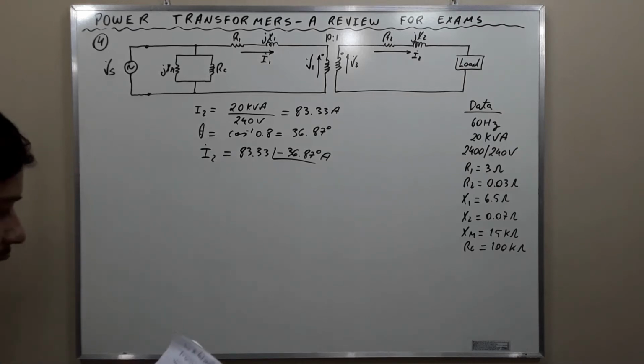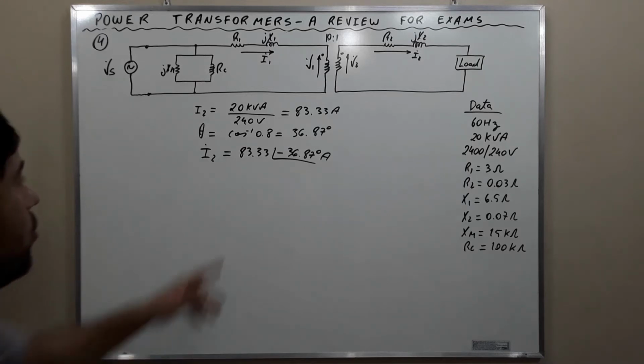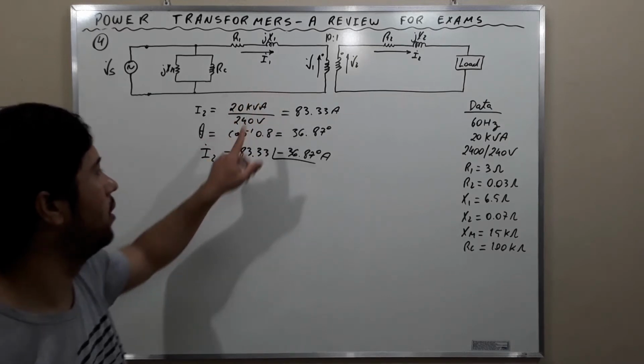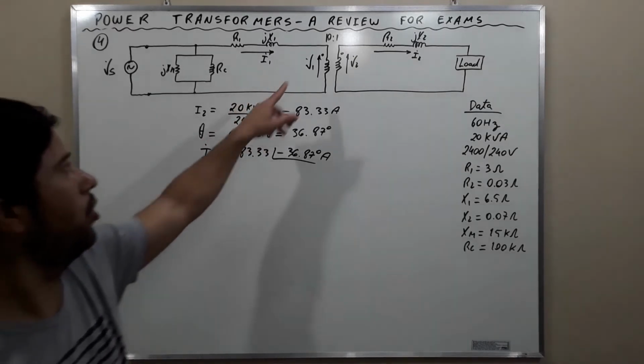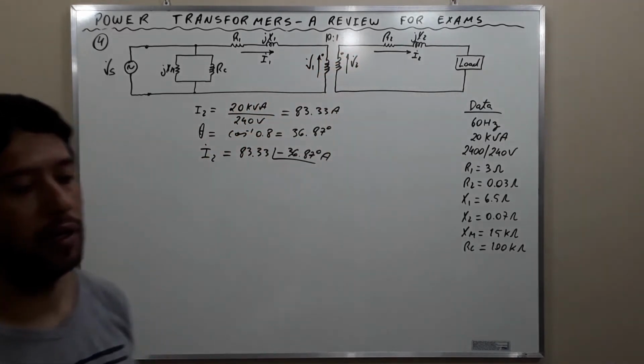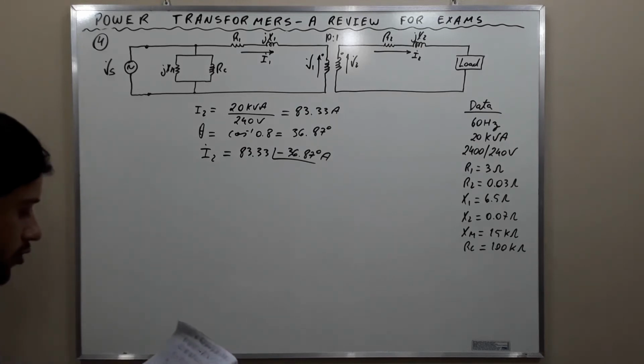The primary side current is related to the secondary side current by the turns ratio. To calculate I1 using I2, we need to consider the turns ratio of the transformer.